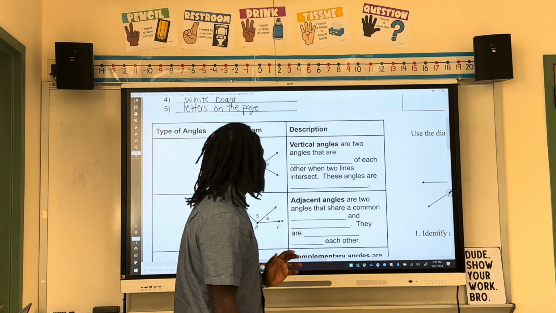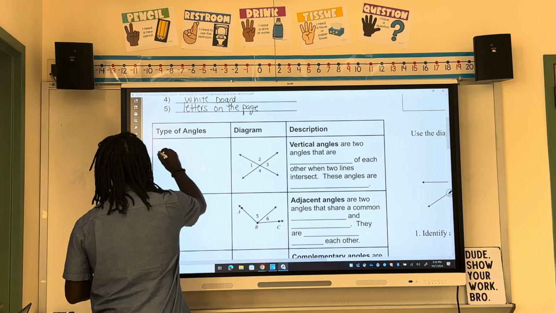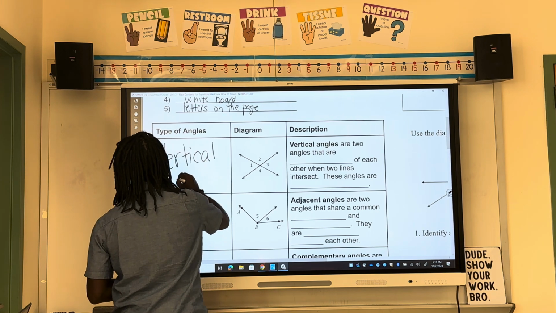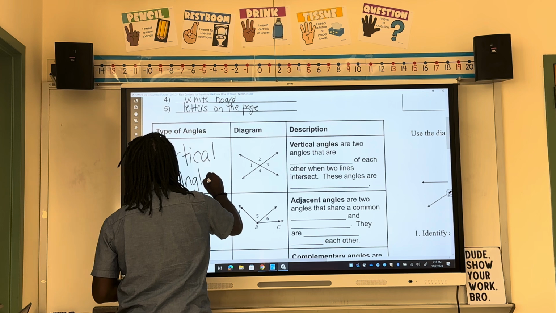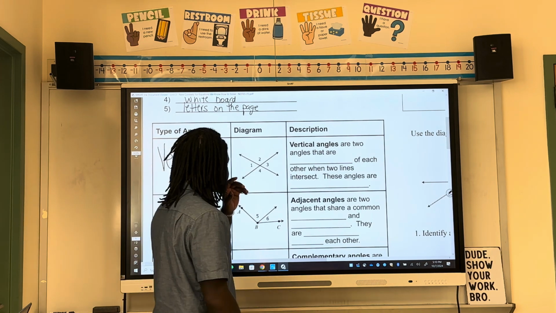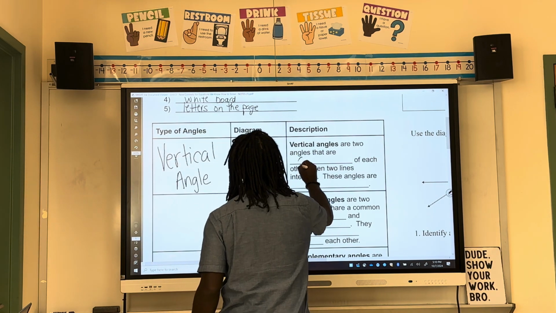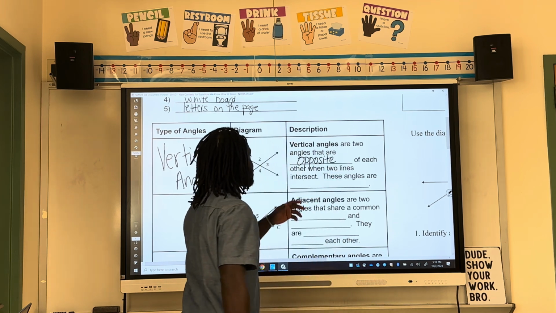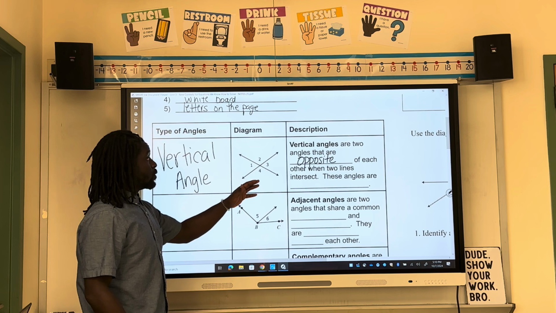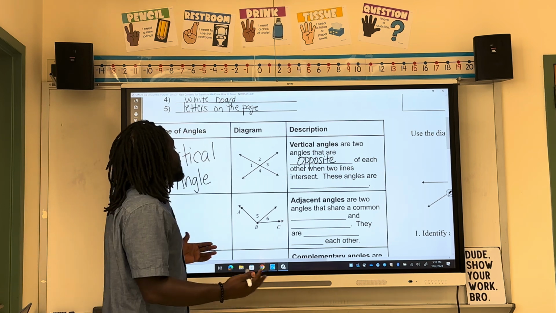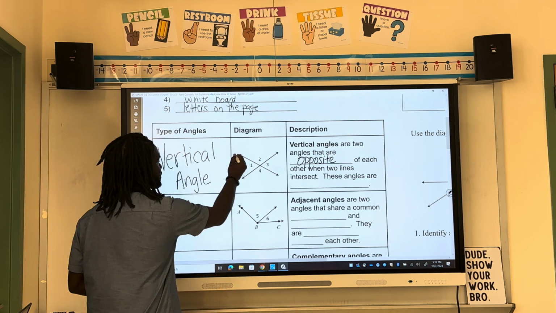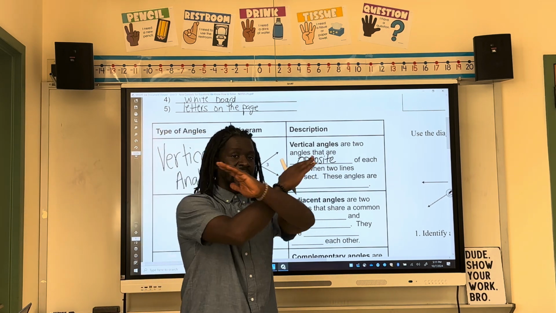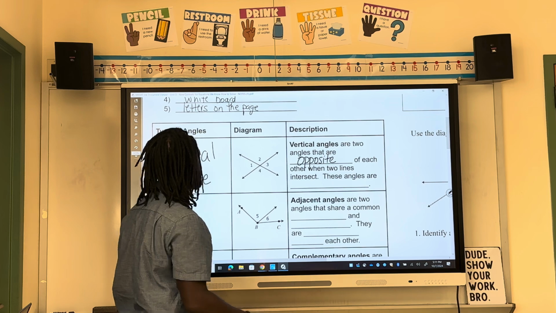The first type is vertical angles. Vertical angles are angles that are opposite of each other when 2 lines intersect. And so you have 2 lines that intersect like this, and vertical angles are angles that are opposite from each other.